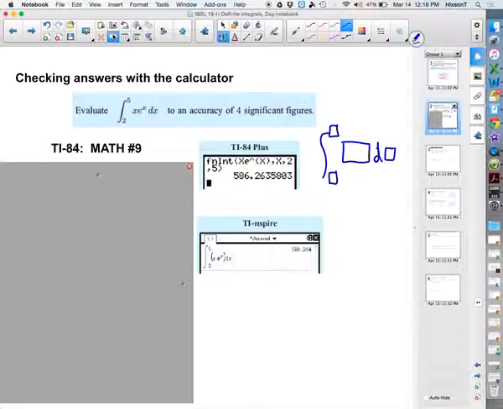You would put the 2 in here, the 5 in here, you would put your x times e to the x power in here, and you need to tell it what variable to integrate with respect to. So you would put an x in here. And you plug it in, and you should get 586.2635803.